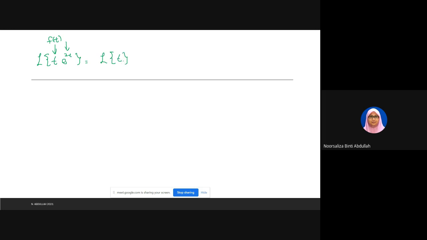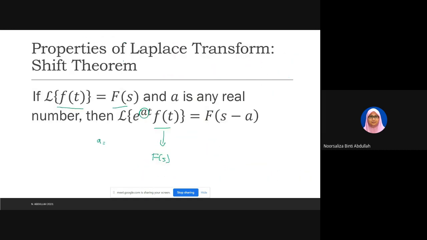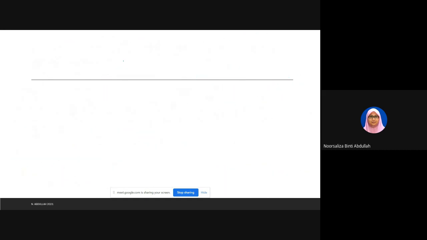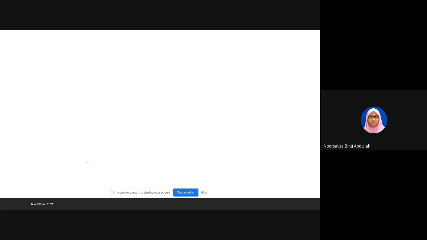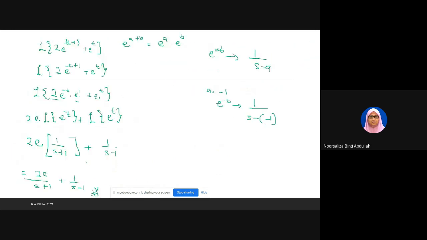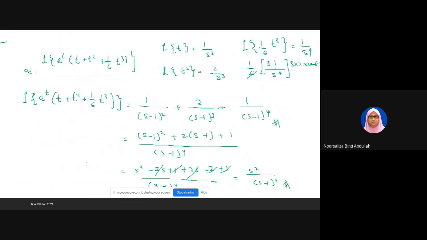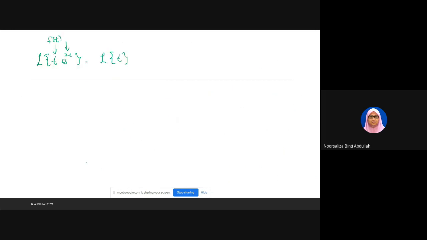So the Laplace of t is t to the power of n, so your n is 1. Then the Laplace of t will be 1 over s squared.